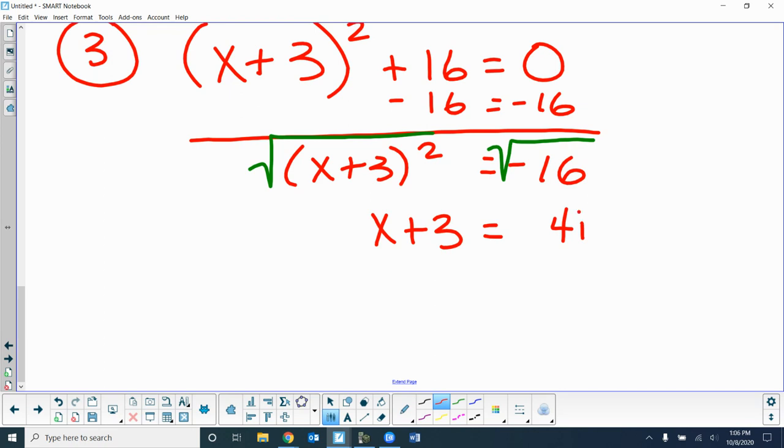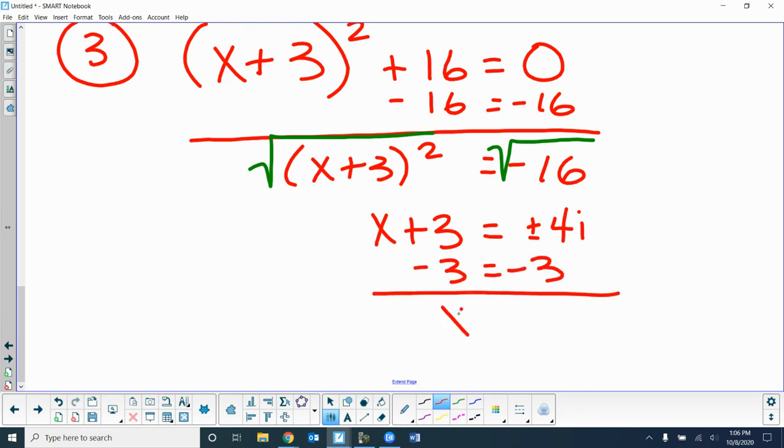What else do we got to do? Plus or minus. Very good, Cody. Don't forget your plus or minus symbol. Every year I get a couple kids in every class who forget the plus or minus. Kennedy, don't do that. All right, and then subtract 3, finish up.